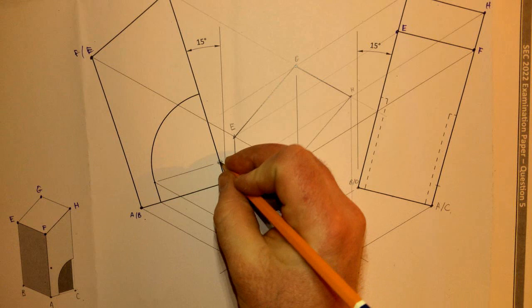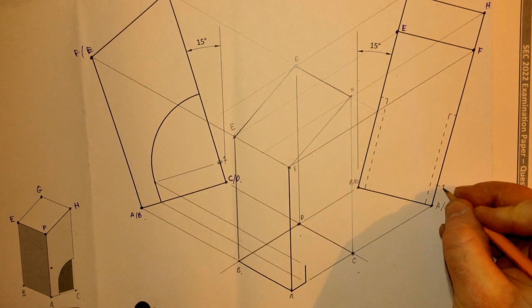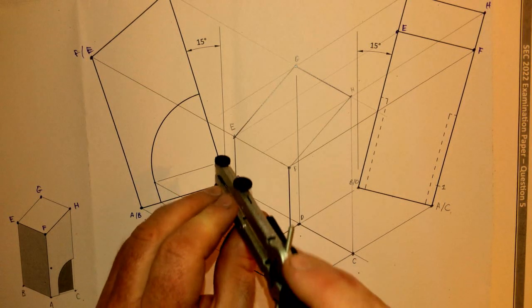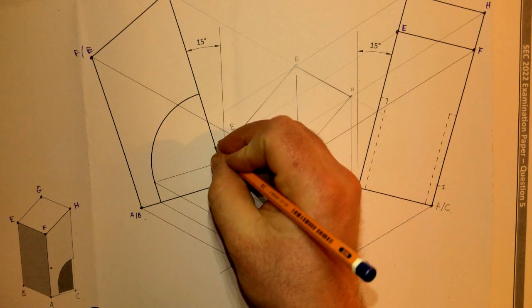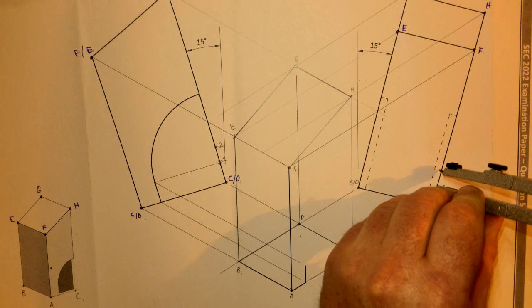Alright, so I'll call that point there 1. And it's 1 here as well. Okay. Now I'm just going to take smaller compass settings here now. 2. Same compass setting.